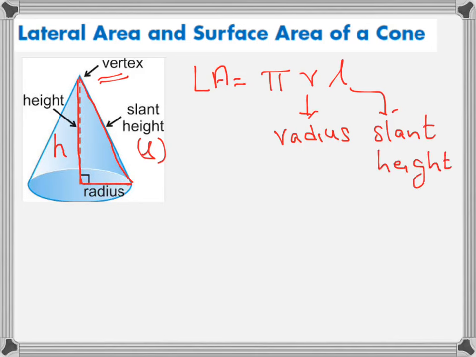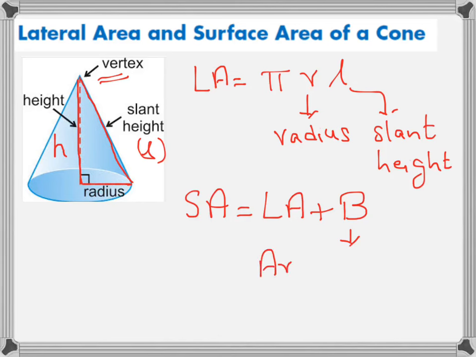So the formula to find LA of a cone is pi r L. And the formula to find the surface area of the cone is LA plus B, and B is the area of the base.